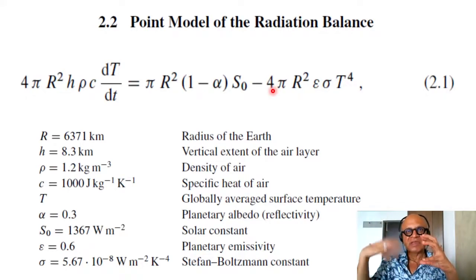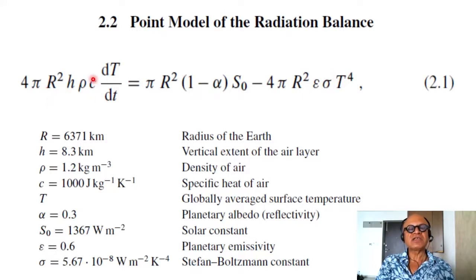Entire sphere is emitting outgoing long wave radiation, and the surface is gray, so has an emissivity of epsilon, planetary emissivity on average of 0.6, as we will see in a minute, and the black body Stefan-Boltzmann relation is T to the 4th.